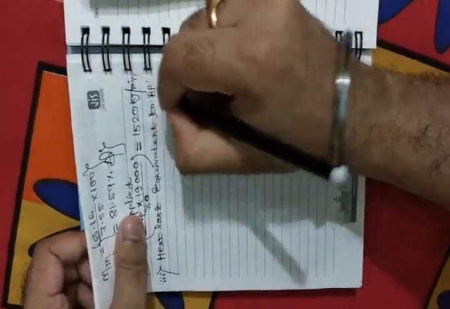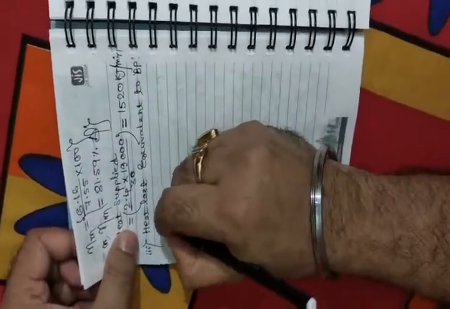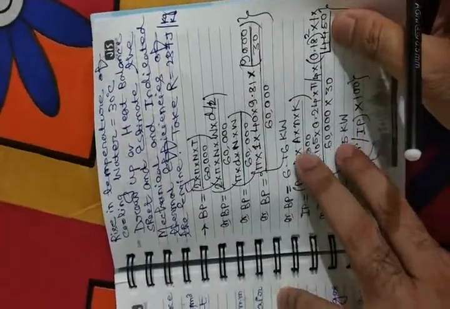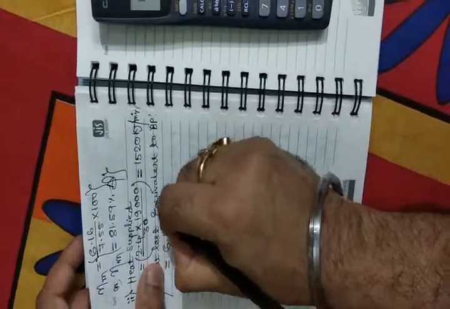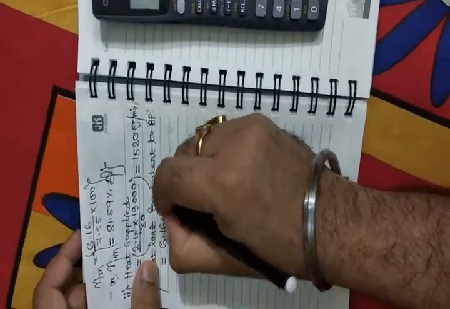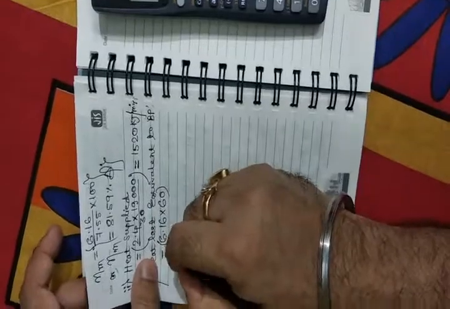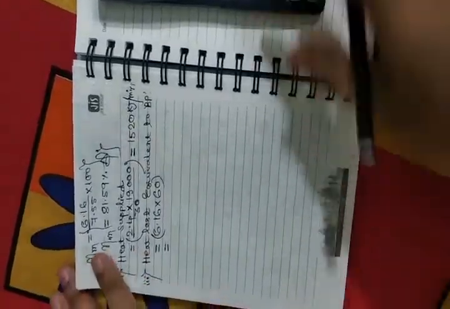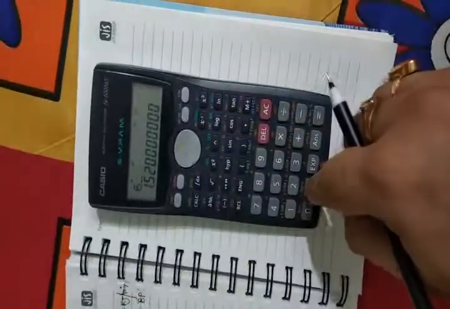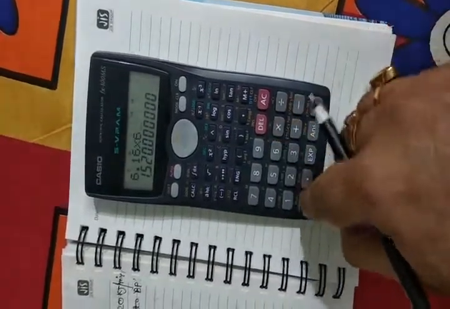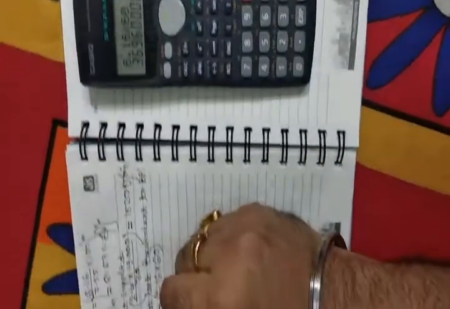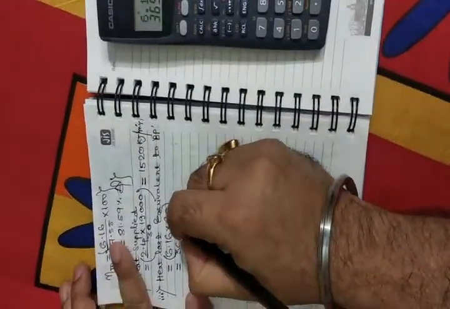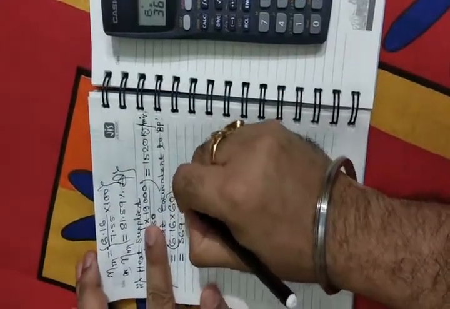So brake power is from here 6.16, and if it is multiplied by 60 for per minute, then it will be 369.6 kilojoule per minute.